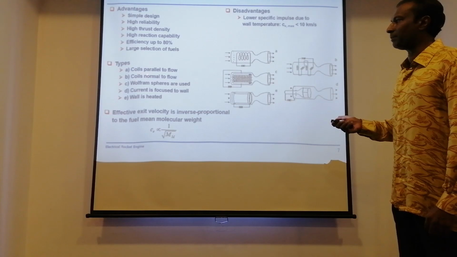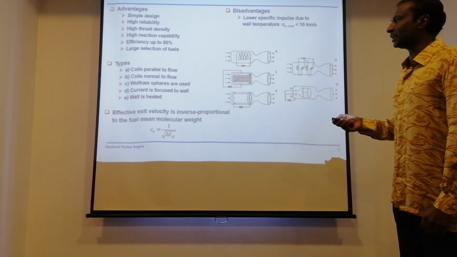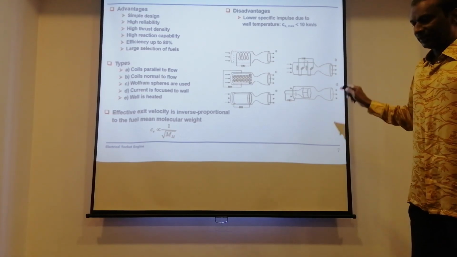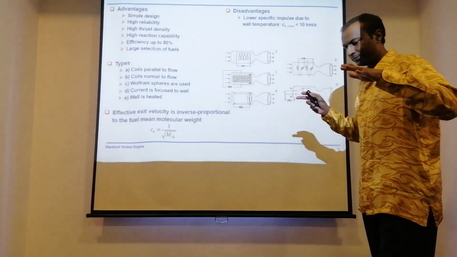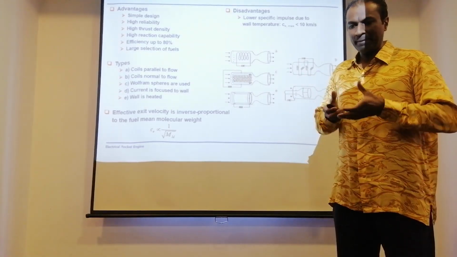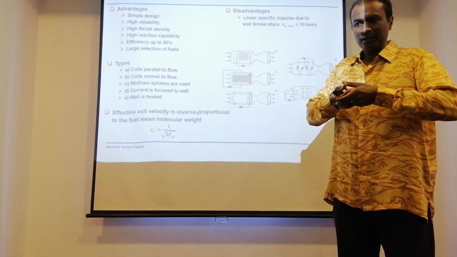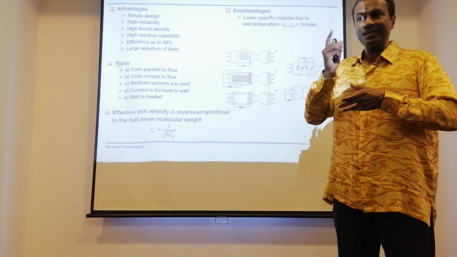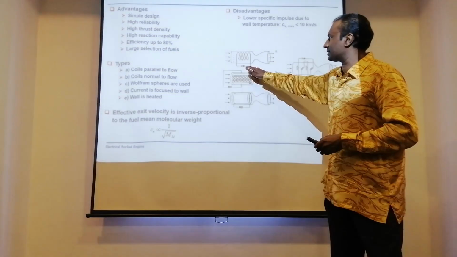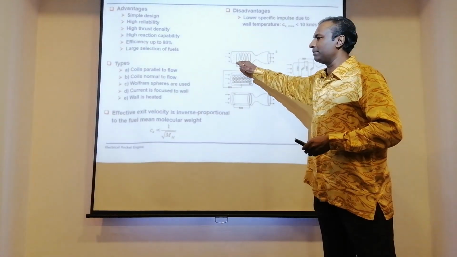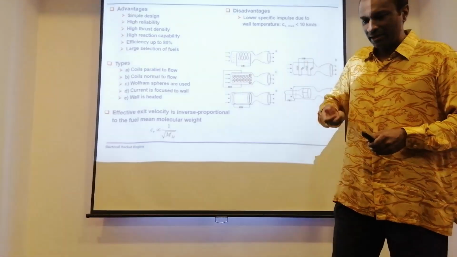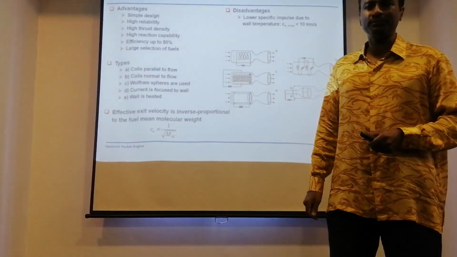You have a coil parallel to the flow. This type of engine is simple. Remember this: you are pumping fuel which can burn if there is heat. What you are doing is heating up a filament, a coil, to become very hot, and you splash the fuel on top of the coil.